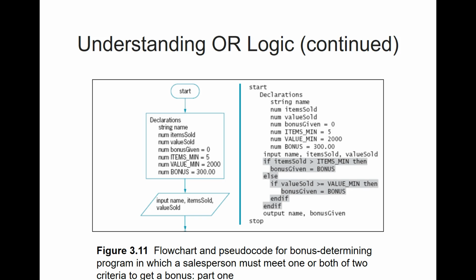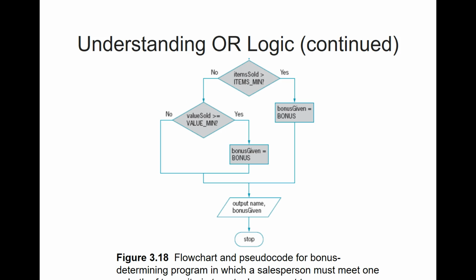So in this case, when we look at what we wrote in the pseudocode, so if items sold greater than items minimum, then we give the bonus. Else, if the value sold is greater than the value minimum, then we give them the bonus. So what we really wrote is this.